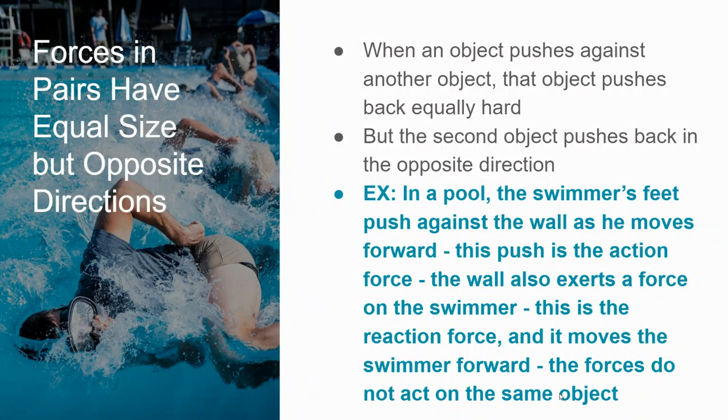The person is pushing this way, right? They're pushing this direction, but the wall is pushing them this way. So when an object pushes against another object, the object pushes back equally hard, but the second object pushes back in the opposite direction. Okay.